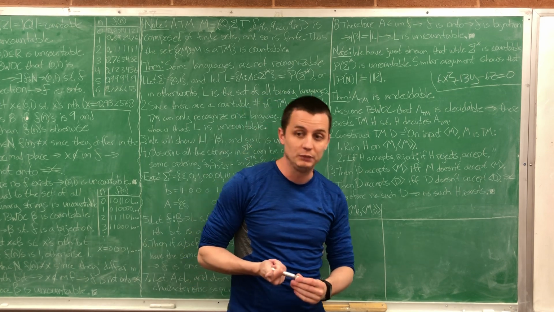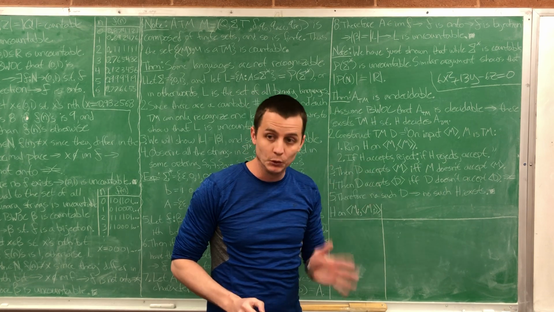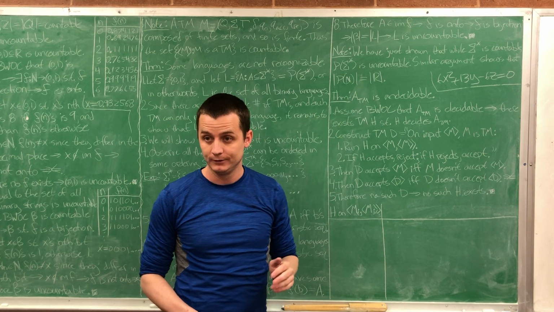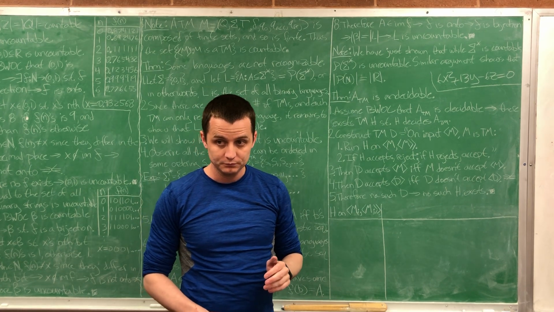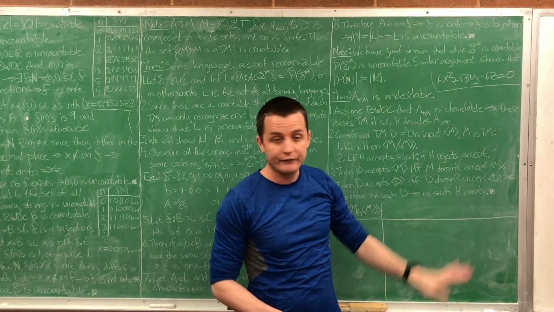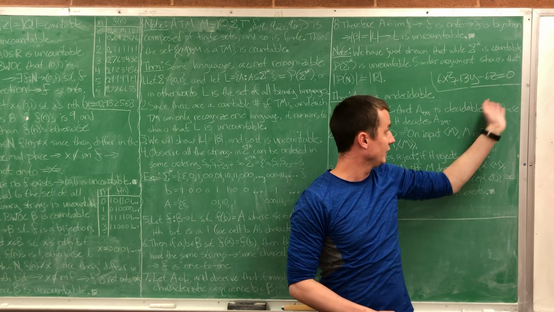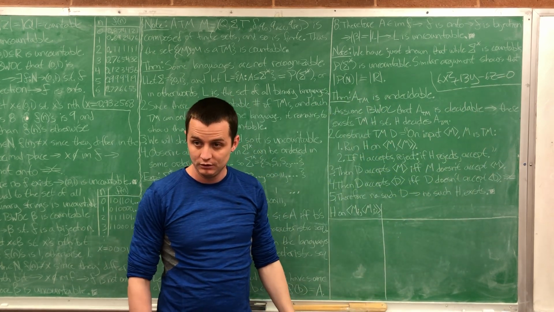So recognizable means that you could eventually say yes. Decidable means that you could eventually say yes, or eventually say no. So the set of Diophantine equations that have an integral root, a solution that makes it equal 0, is a recognizable language.